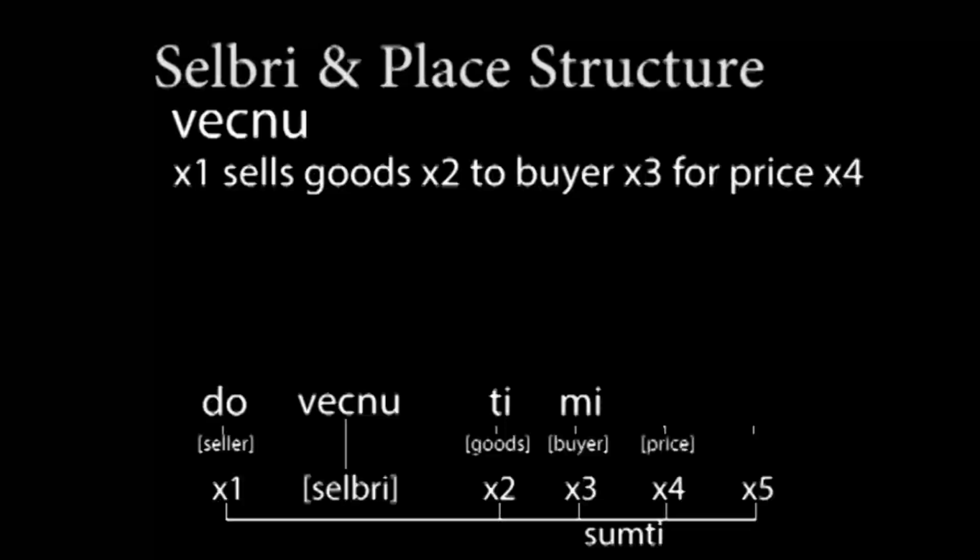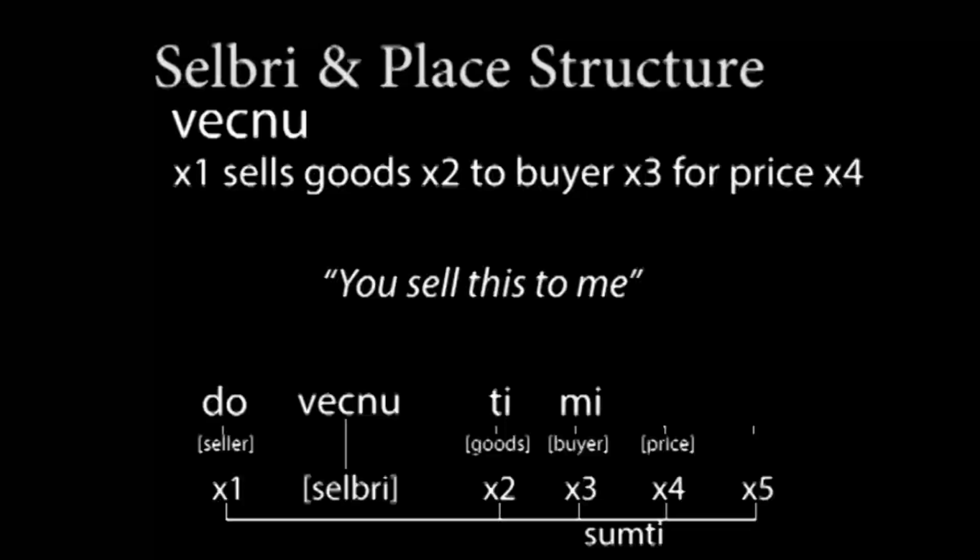In our case, where the fourth sumti has been omitted, the sentence remains grammatical. This information, the price, is simply not provided to the listener. The English translation of this Lojban bridi might read, you sell this to me.